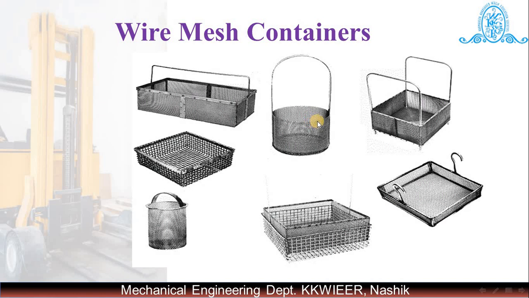Either the weight of the container will be reduced, or washing of these containers and removing components from them will be easy. And if we follow cleaning, then drying is very simple in these cases. So these are all different types of containers usually used for the containerization process.